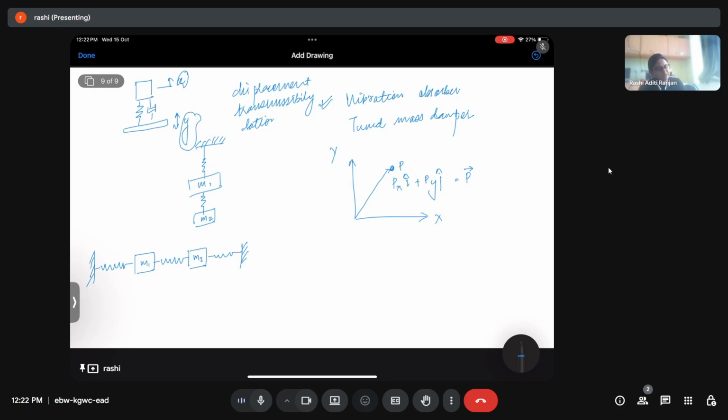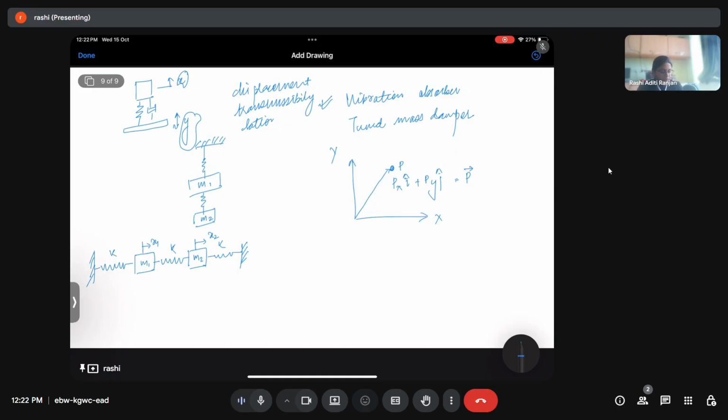Let us for now assume that all three springs are k. So this is a two degree of freedom system. M1 is going to have a motion x1, and m2 is going to have a motion x2. X1 and x2 are going to be its motions.